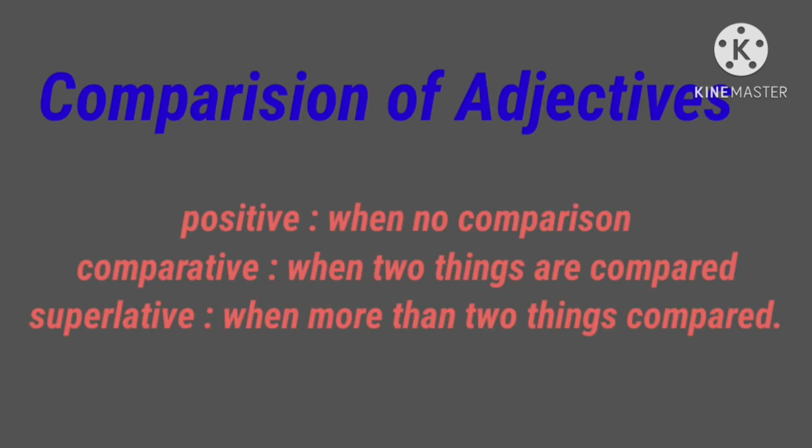Next, comparison of adjectives. When we use an adjective to compare the qualities of two or more nouns, we are using the degrees of comparison. The three degrees of comparison of an adjective are positive, comparative, and superlative.